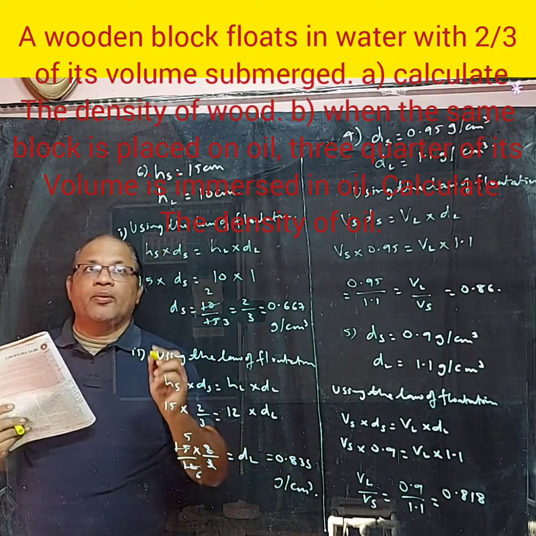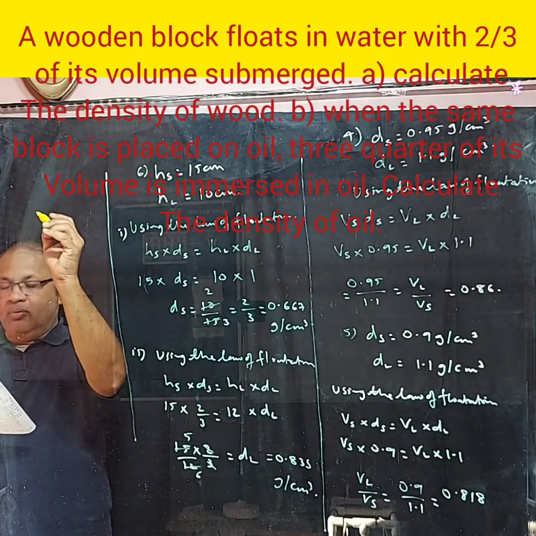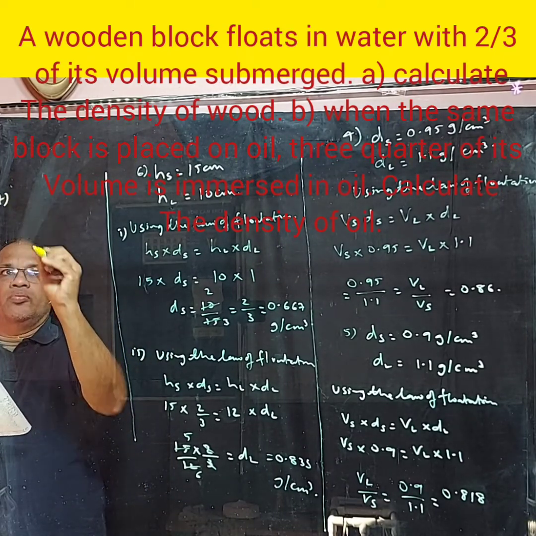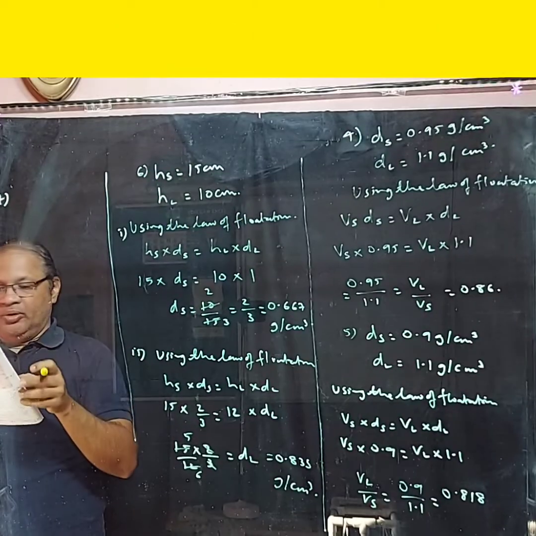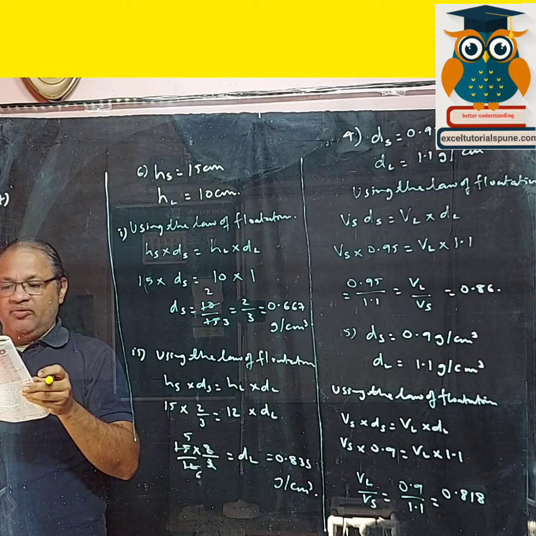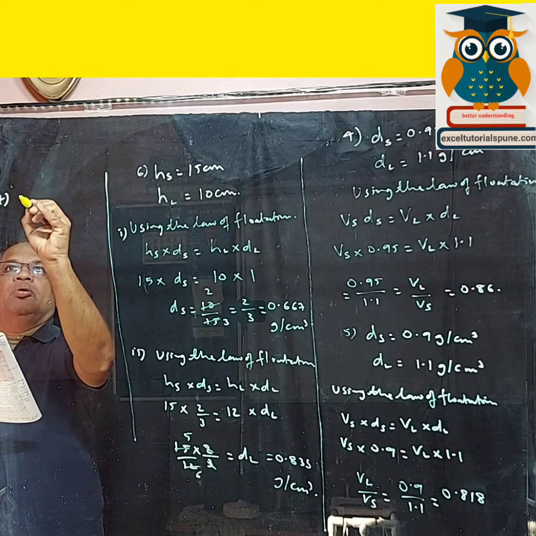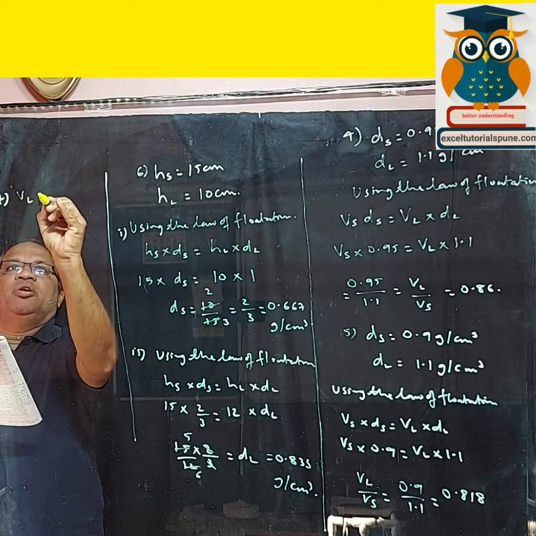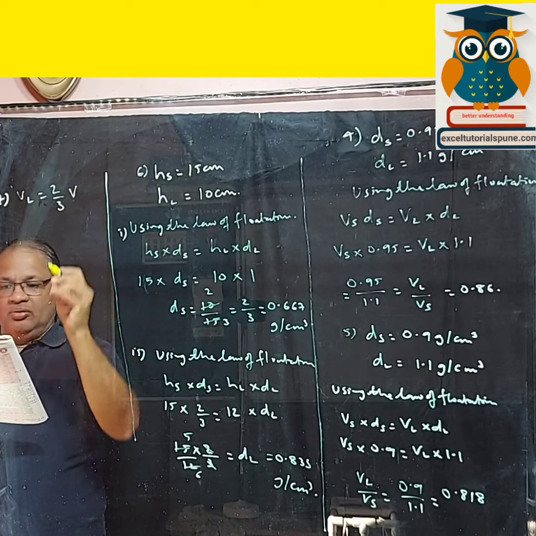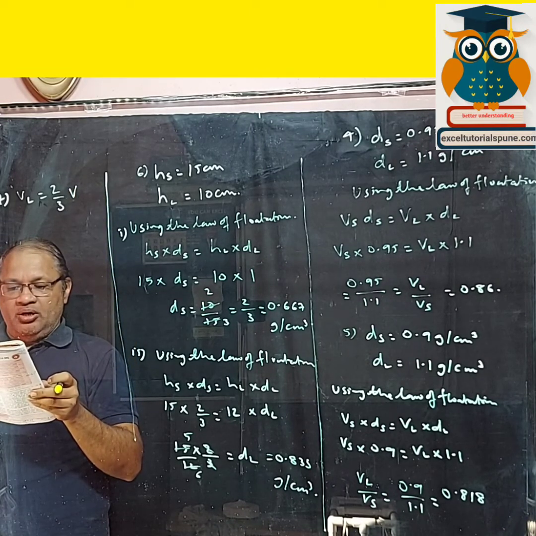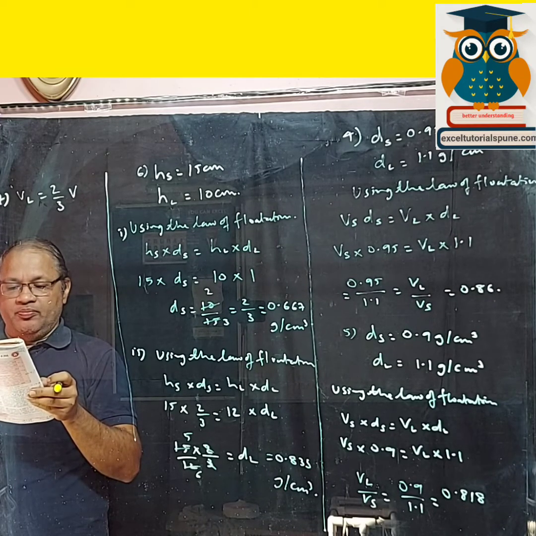Okay. So 7th sum. 2/3 of the volume is submerged. So volume of liquid is 2/3 V. Okay. And calculate the density of wood.